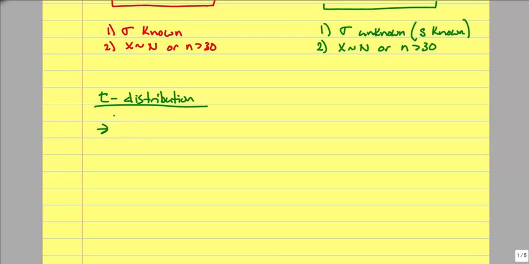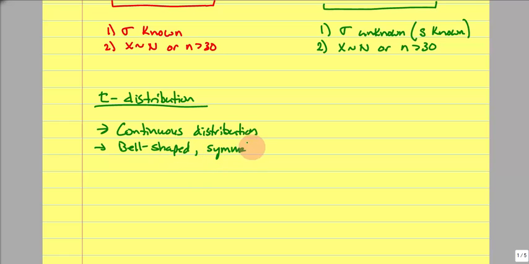So let's go ahead and look at some characteristics of the t distribution. First of all, it comes from a distribution that is not discrete but a continuous distribution, just like the normal. It's a continuous distribution. It's bell-shaped, it's symmetric, and it's centered at the mean of 0. So the mean mu is 0.